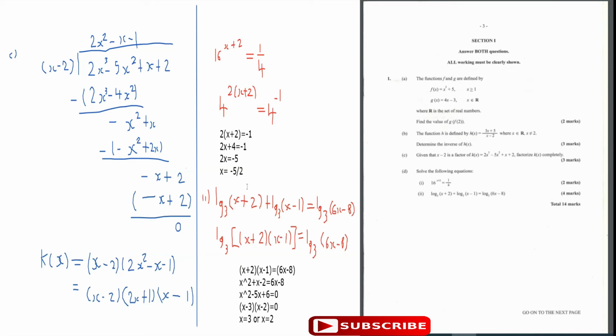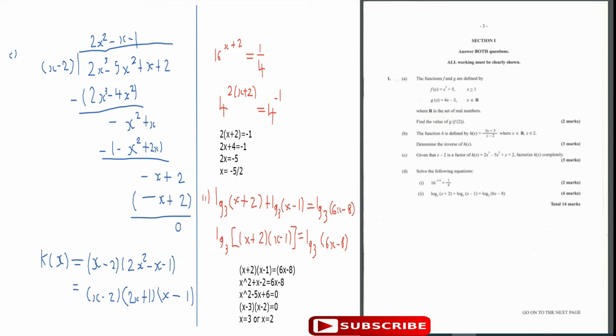If you put 3 here, you get log to base 3 of 5, plus put 3 here, you get log to base 3 of 4. Log to base 3 of 5 plus log to base 3 of 4 is log to base 3 of 5 times 4, which is the log to base 3 of 20.